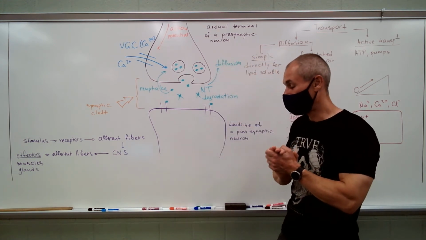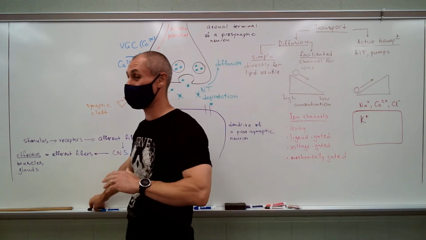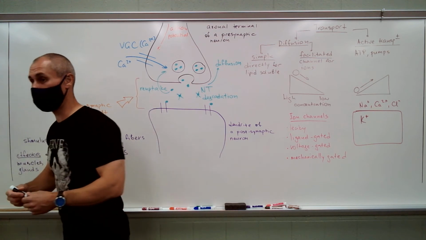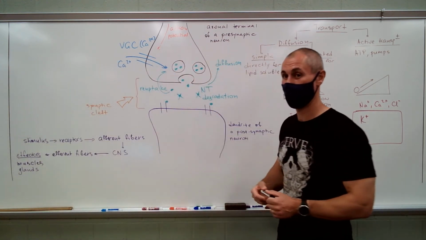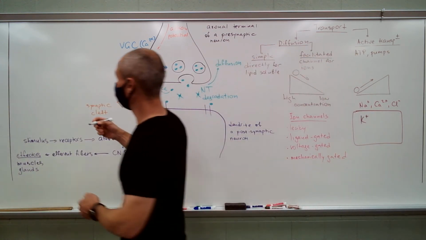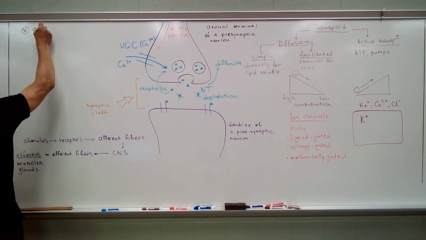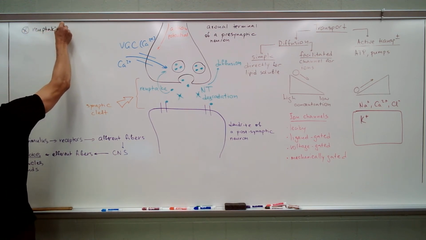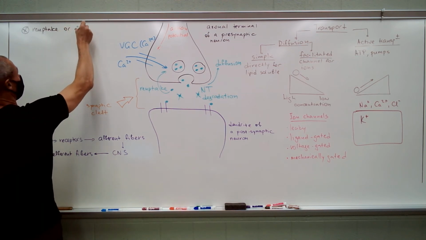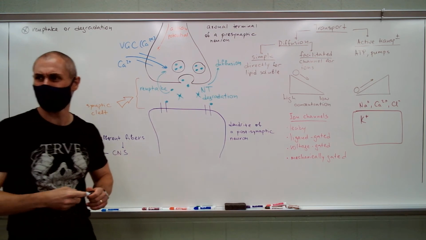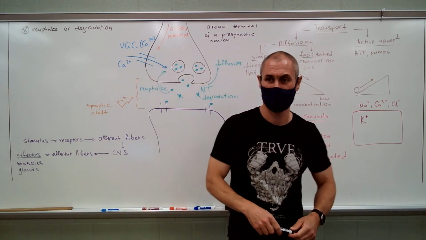Now, I want to ask you, we're going to talk about some really cool clinical, real-life stuff. So what if somehow you can inhibit reuptake or degradation? You can't do anything about diffusion, but quite frankly, it's so slow that we can kind of neglect it.